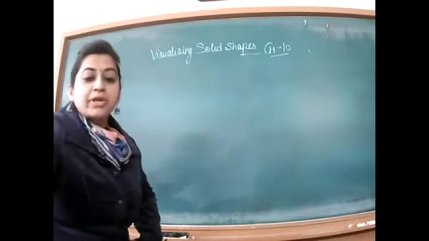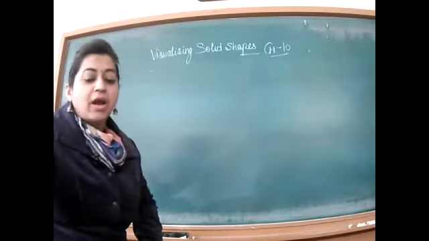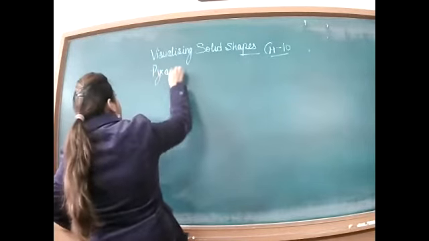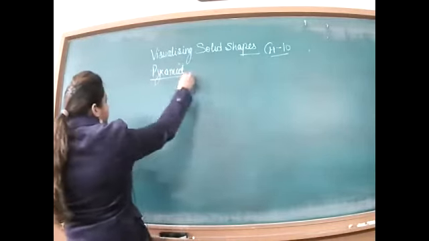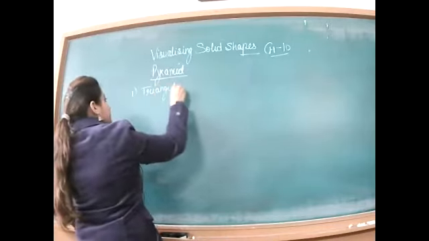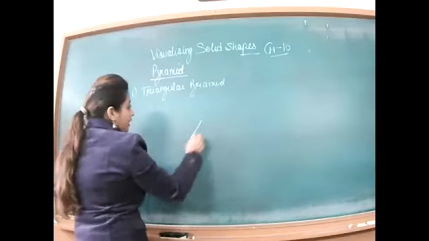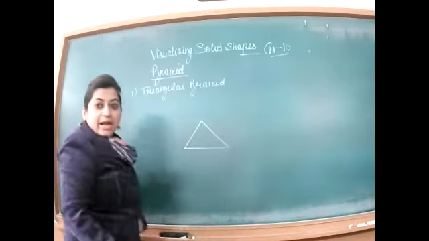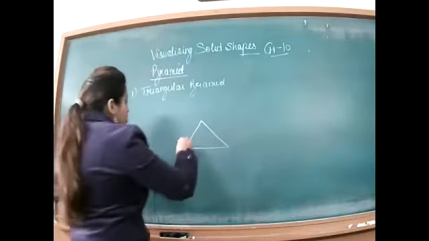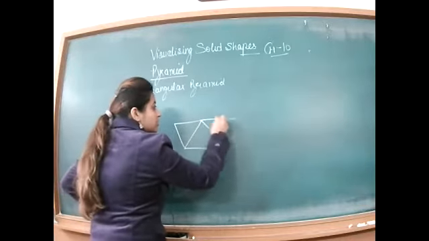Next topic is your pyramid. In case of the pyramid, the name of the polyhedron is kept after the base. First is your triangular pyramid. If you have a triangle in the base, and as a triangle has 3 sides, on the 3 edges you will again draw 3 triangles.